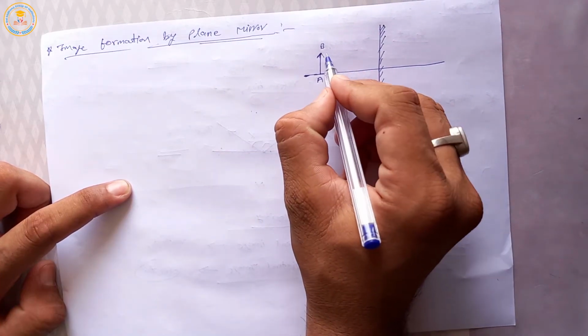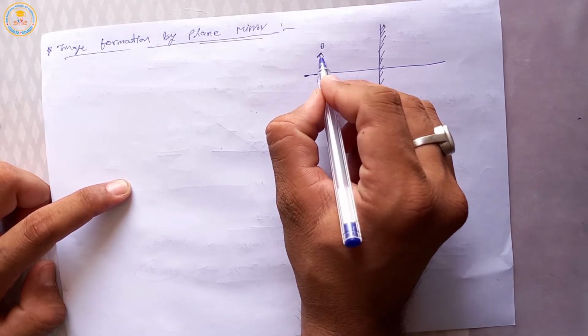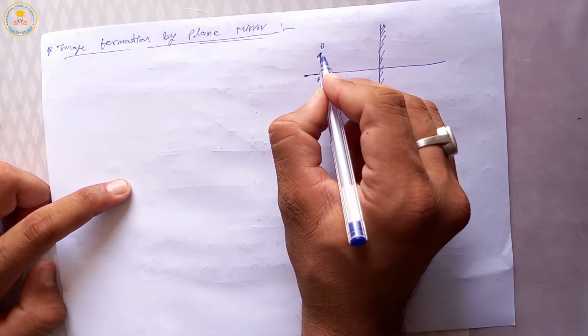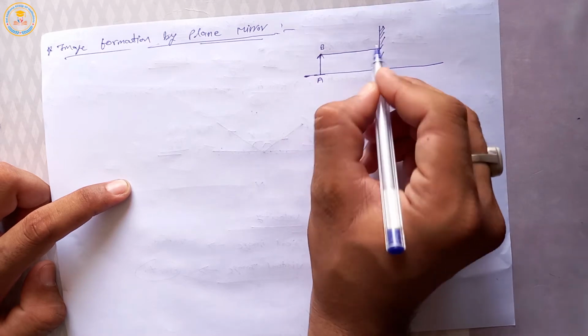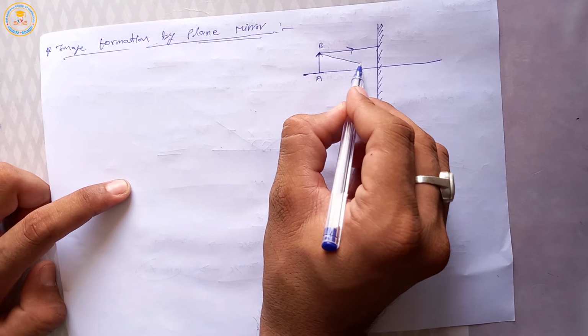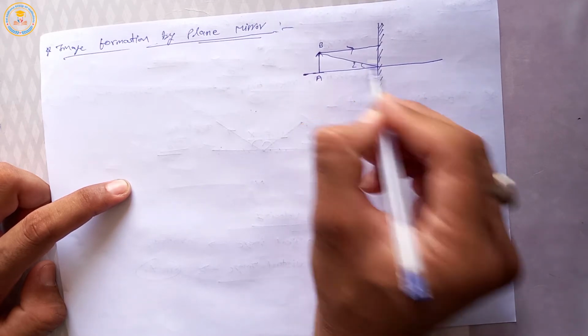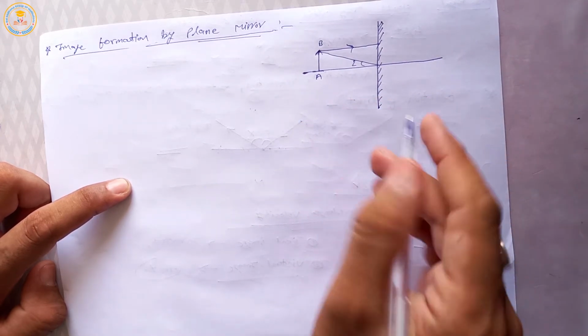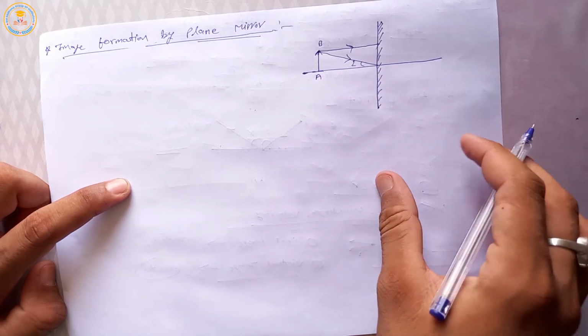here two rays are emitted from this object. First is parallel to the axis and second is at an angle with the normal. Okay, these are the incident rays.